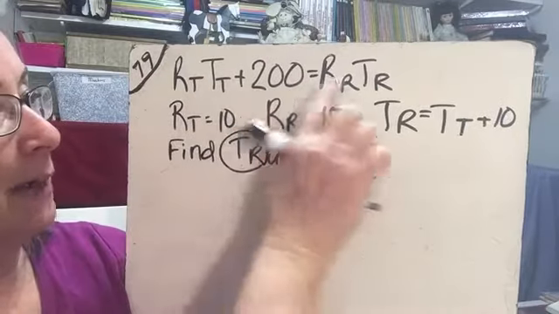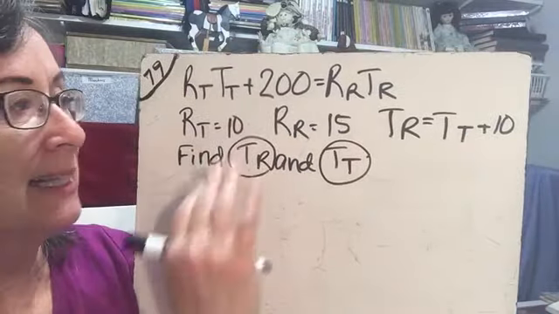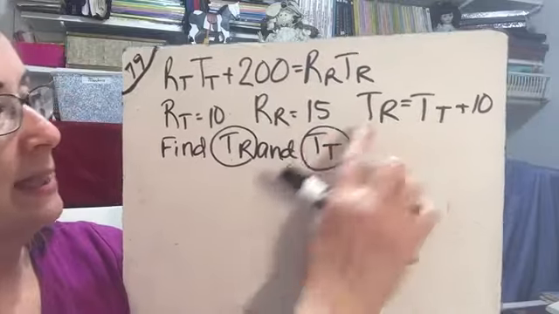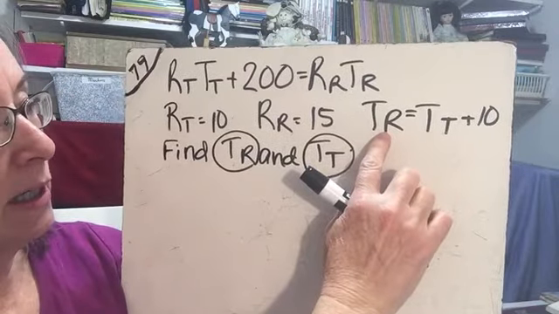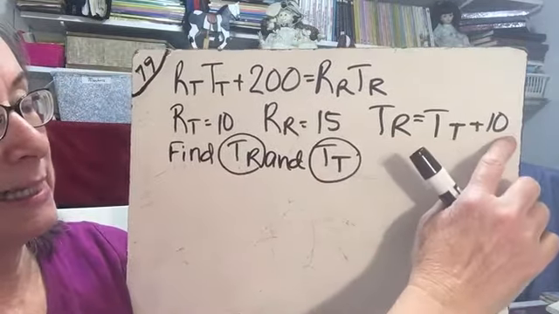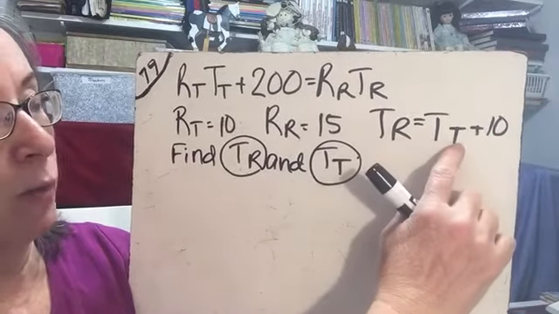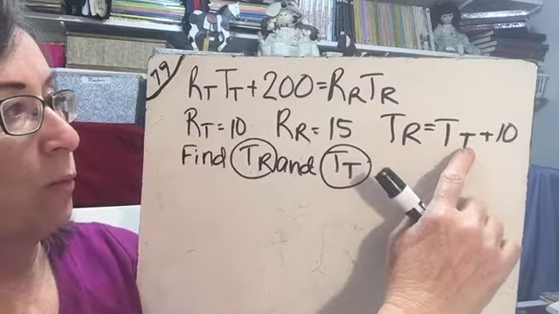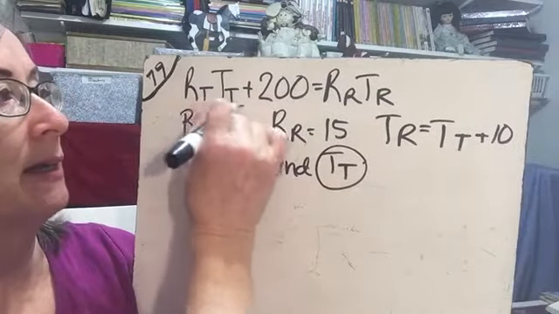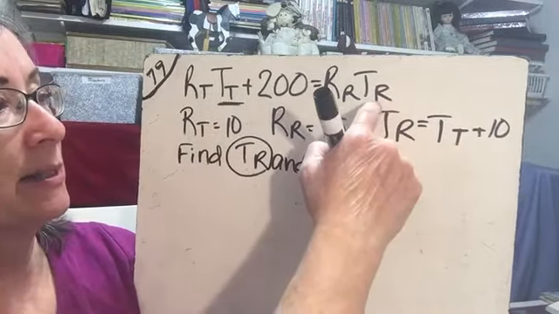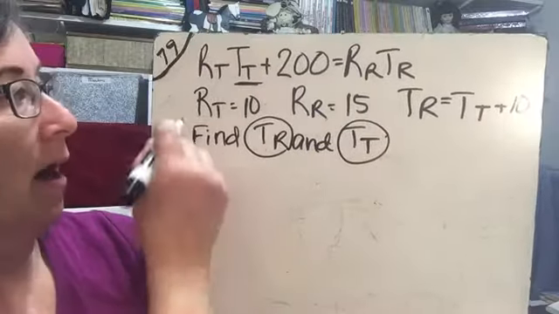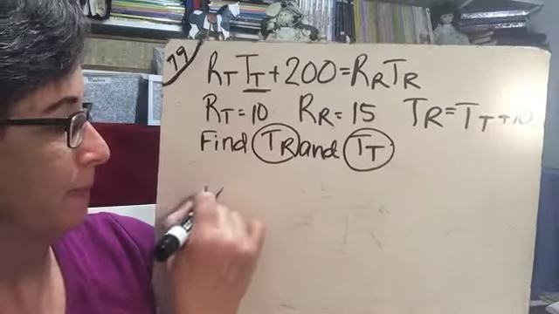So basically I'm going to copy this down and then substitute. Since T sub r is T sub t plus 10, we're going to sub out the T sub r with this. So we're going to end up keeping this one and subbing this one out with this. So R sub t is 10.